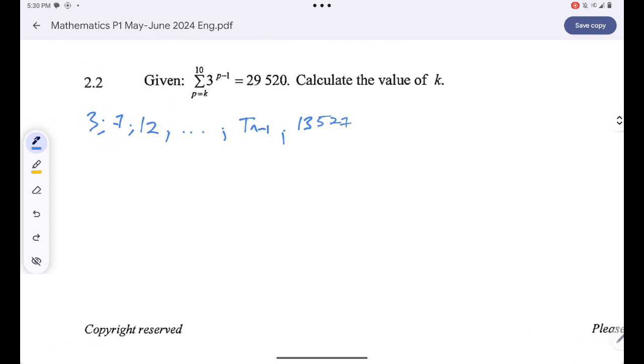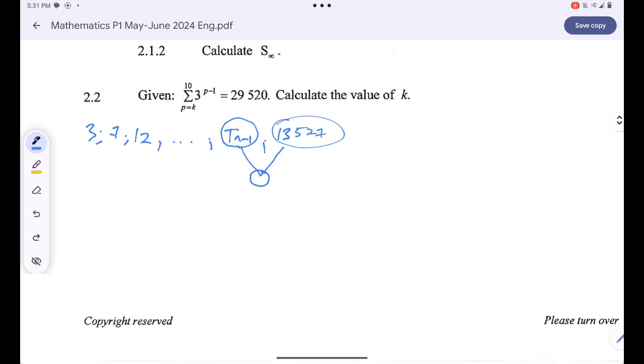They want us to know what must be added so that the last term will be 13,527. They just want us to find this term over here in the first difference that should be added to Tn minus 1 so that Tn will give us 13,527.